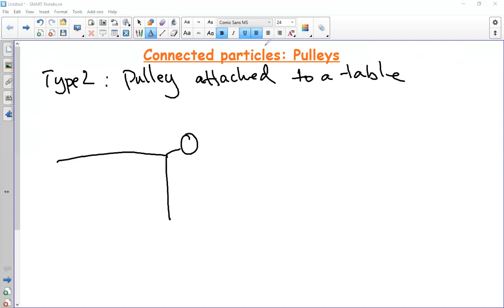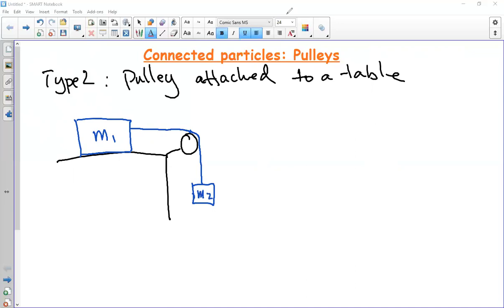What normally happens is you have a string that goes parallel to the table and then goes down, and you have an object hanging down here, and you also have an object over here resting on the surface. Let's say this box has mass m1, this box has mass m2.